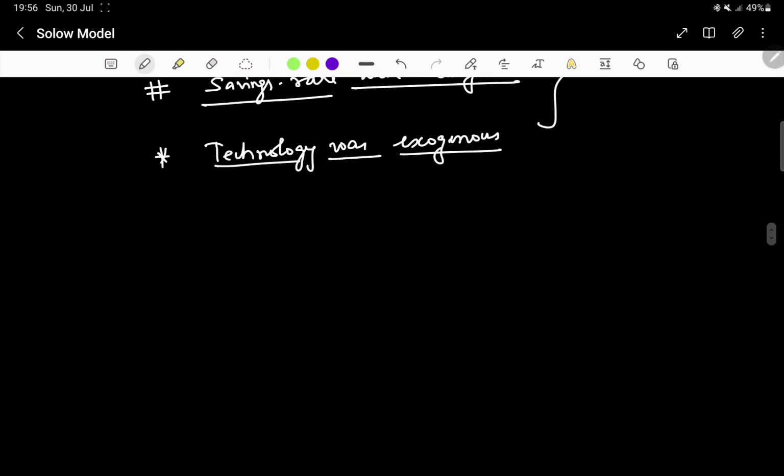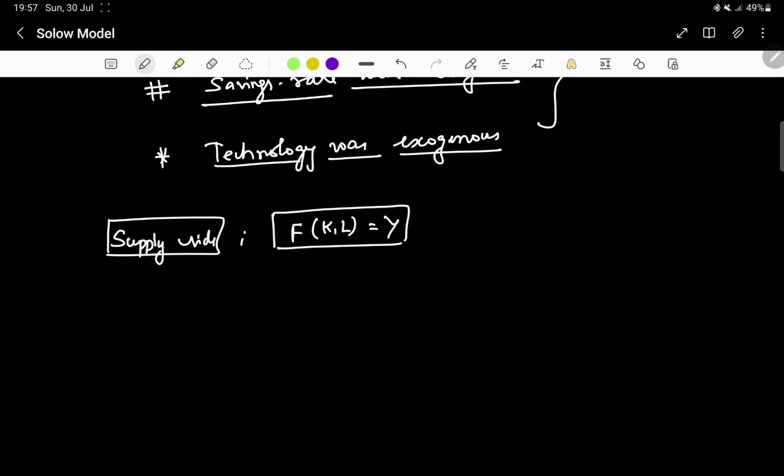Firstly, we will say production function. Let's say we go from the supply side. What will we write on the supply side? We know the production function is a function of capital, labor. This is our production function.